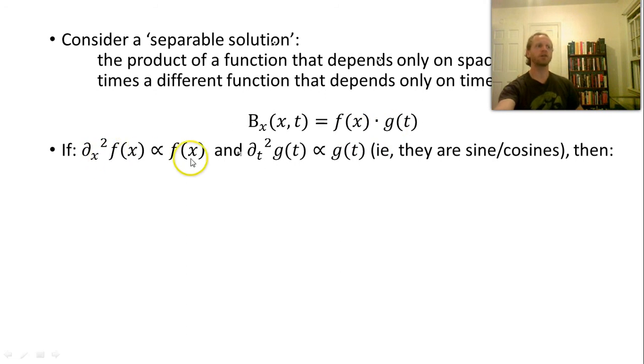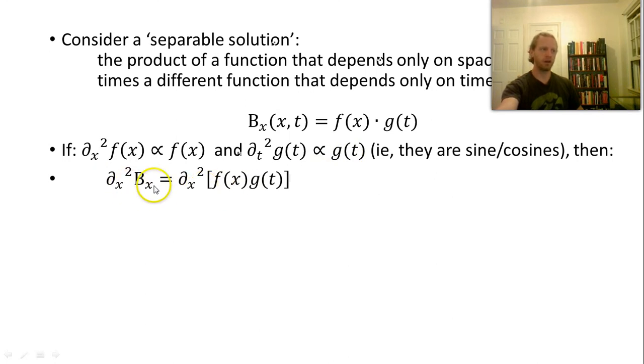If the second derivative of f is proportional to f, or the second derivative of g is proportional to g, then watch what happens. Second spatial derivative here, when you plug in the expression, g of t is essentially a constant when we differentiate with respect to x. So g of t falls out.